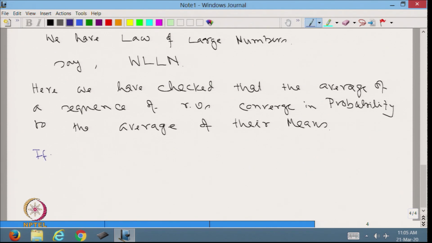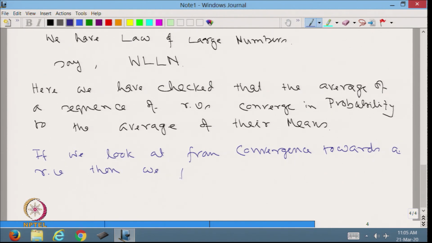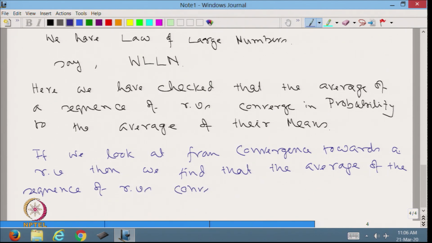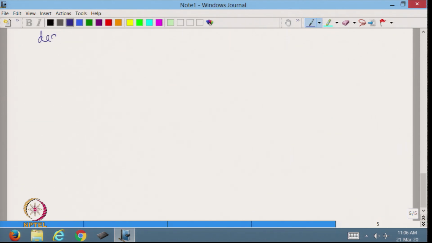If we look at it from convergence towards the random variable, then we find that the average of the sequence of random variables converges in probability to a degenerate random variable.